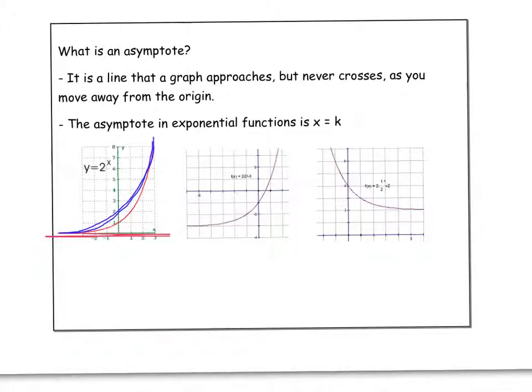In the next one, the asymptote is at y equals -3. It's down here. The asymptote is always going to be at x equals k. So wherever k is, that's where the asymptote is. And sorry, that should be y equals k. It should be y equals k, not x equals k. You should go back and fix that on the first page too. Sorry for the typo.